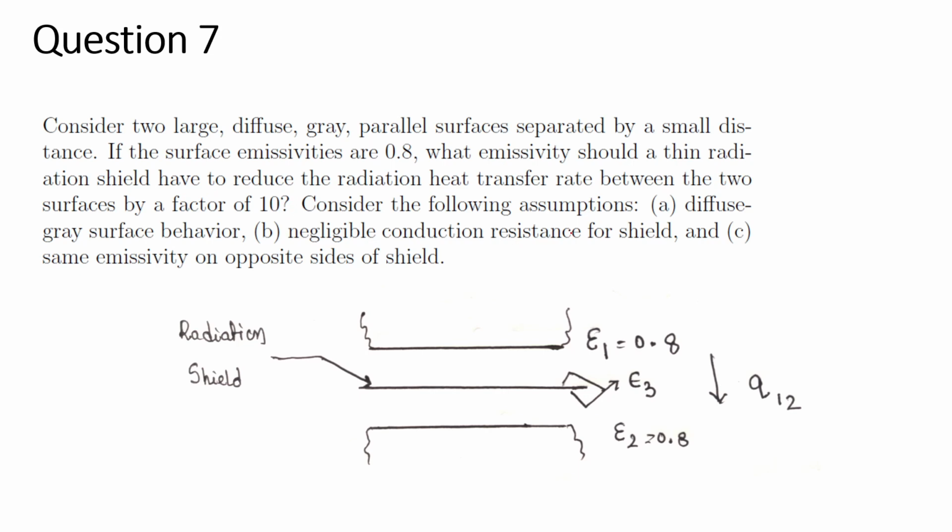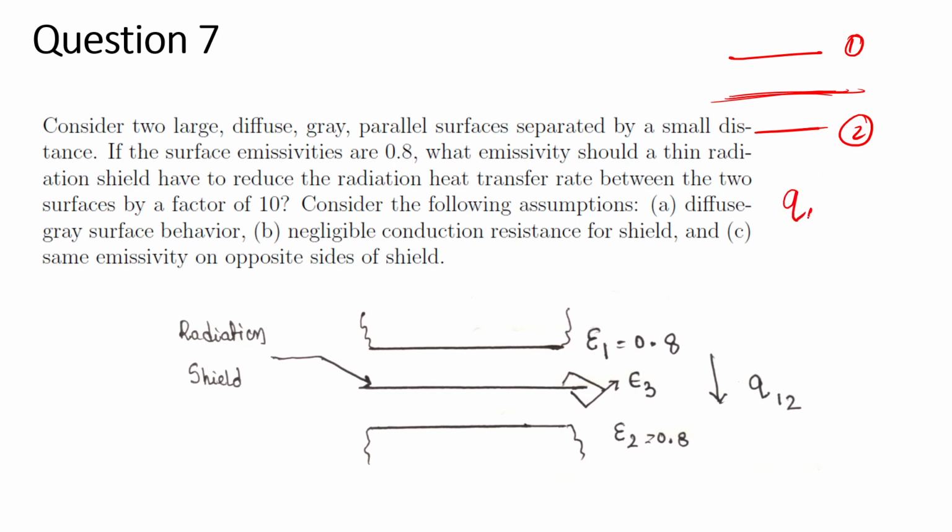And then we have been given certain assumptions. So basically we have been given two parallel surfaces. This is surface 1, this is surface 2. And then we are inserting a radiation shield of certain emissivity, due to which the net heat transfer rate decreases by a factor of 10.